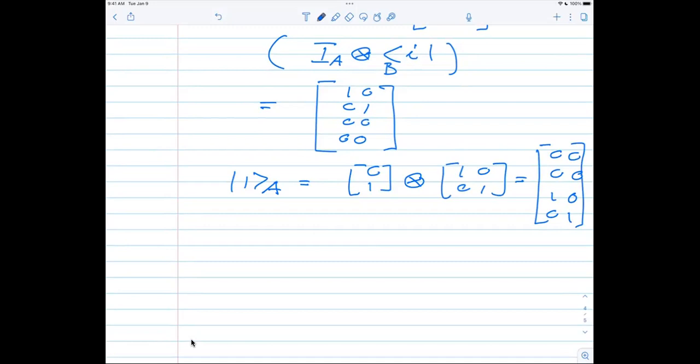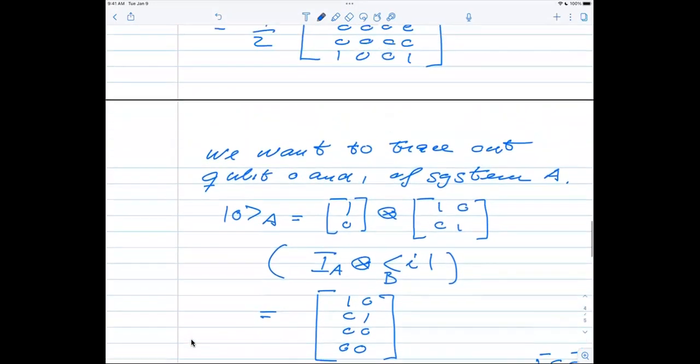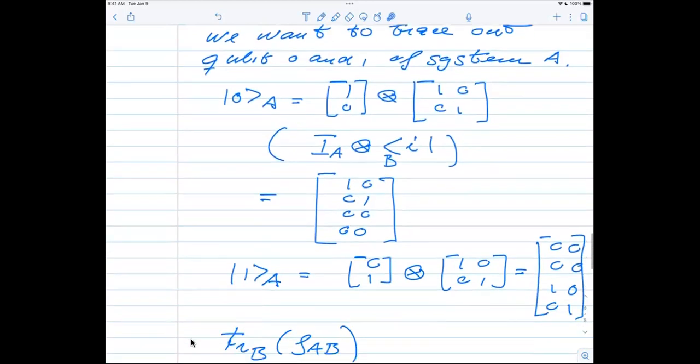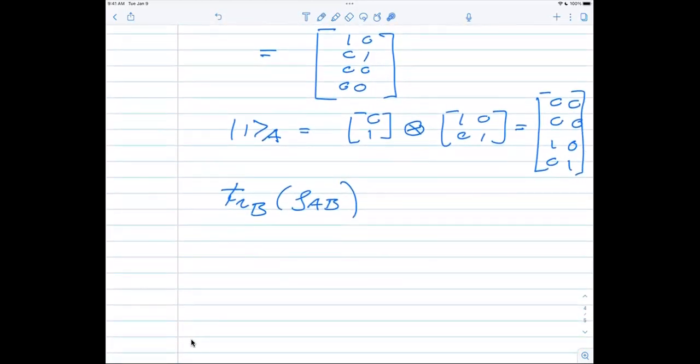So what I'm going to do now is simply to set up this tracing out. So if I now trace out with respect to system B, the density matrix which I have for the Bell state phi plus, I have defined my density matrix for that specific Bell state, which is this one. And now I can trace out system B from that specific case, and then I can get the subsystem A.